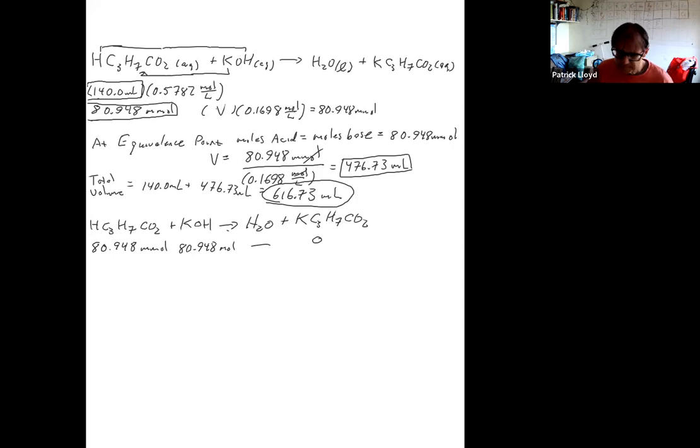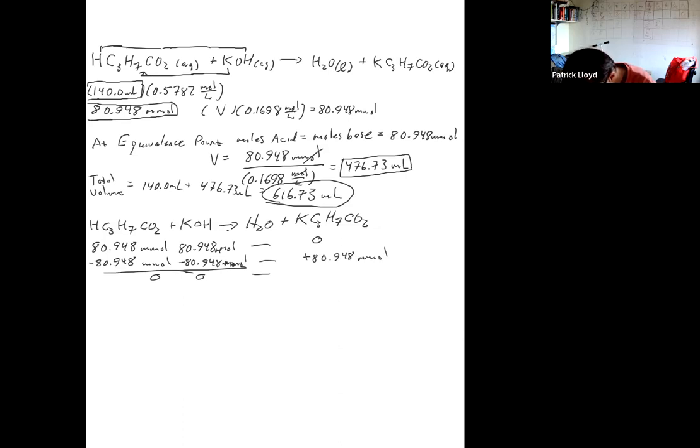This is 0. Okay. What happens? They react. Now, since they're equal to each other, stoichiometric amounts, as we call that, they're going to go down to 0. This is millimole, by the way. So these are both 0. Again, we don't worry about the water, but this is going to go up by 80.948 millimoles.